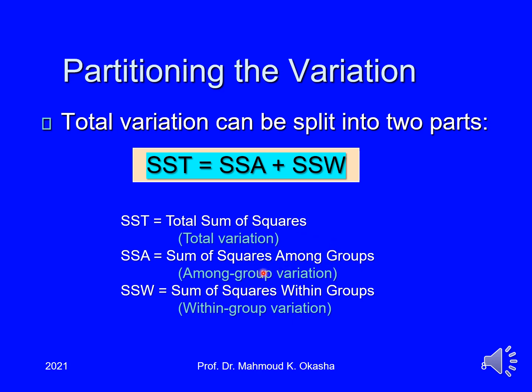We divide it into two components. The first component is the sum of squares among groups, or among group variation, plus SSW, which is the sum of squares within groups, or within group variation, right?